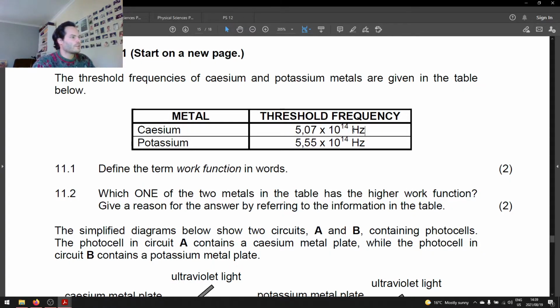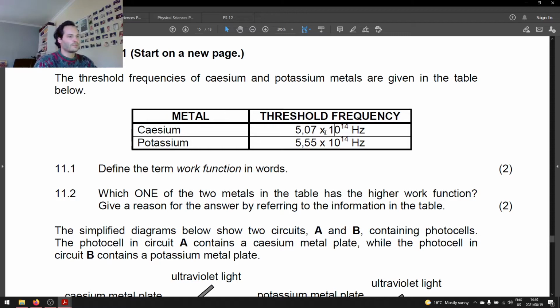The higher the frequency, that means more energy is required to release that electron. If I shine a light, say for instance on cesium, with a frequency lower than 5,07 times 10 to the power of 14 hertz, then no electrons are going to be emitted. But if the light has a frequency higher than the threshold frequency, then electrons will be emitted.